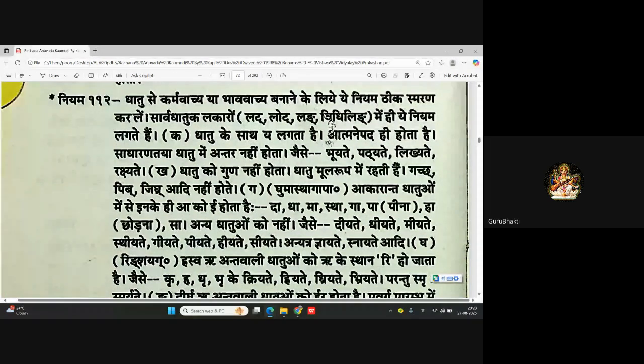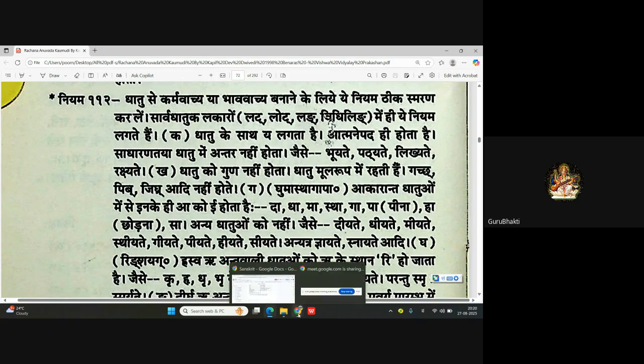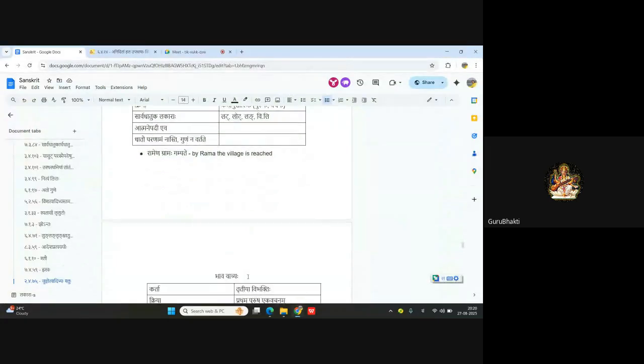Now we are going to add some more points to those points. If you have this PDF, you can look at it. Otherwise, we will look at this table.